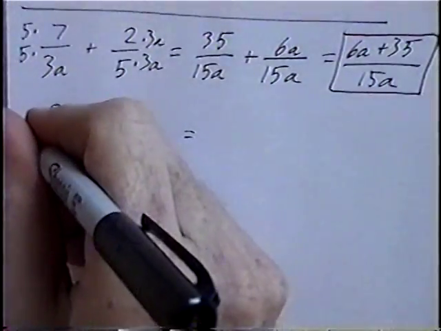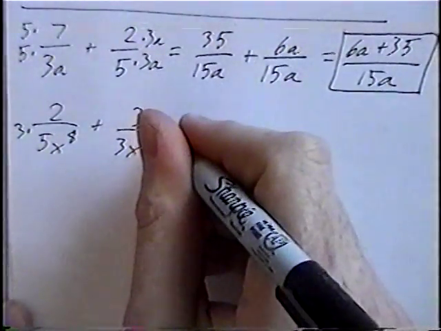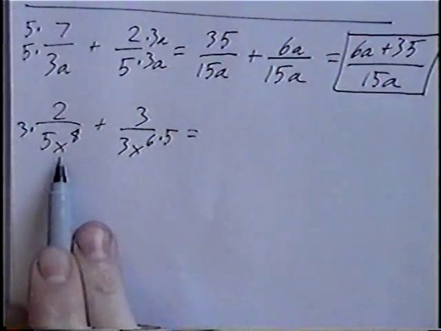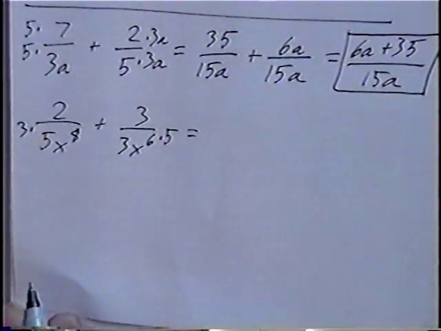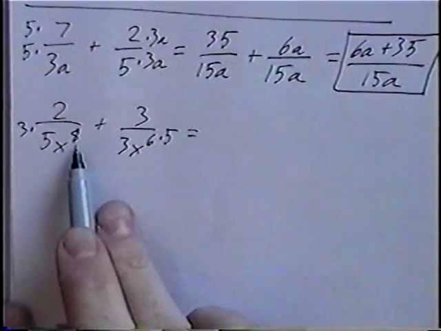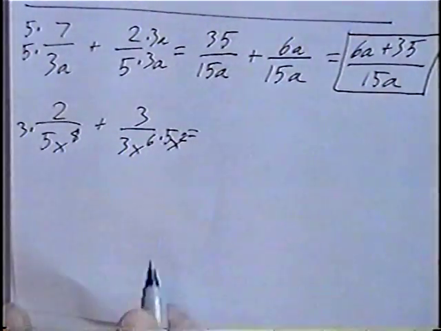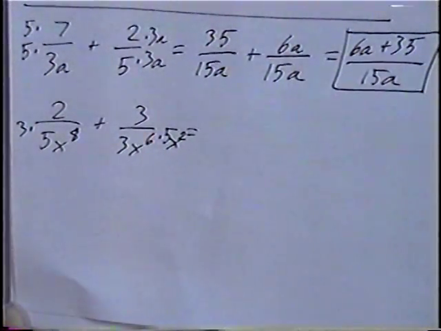So the 5 will have to multiply by 3, and the 3 will have to multiply by 5. Also, the variables must be the same. If this is x to the 8th, this one's x to the 6th. We can actually change this one into x to the 8th by multiplying by x squared. X to the 6th times x squared would be x to the 8th.